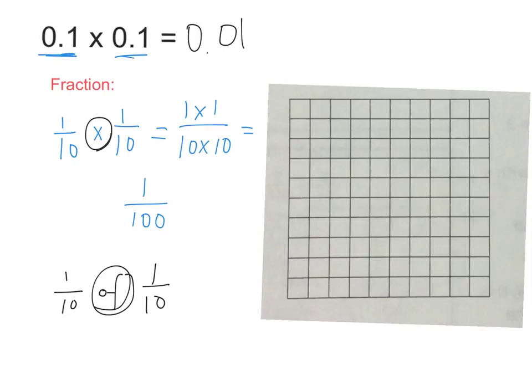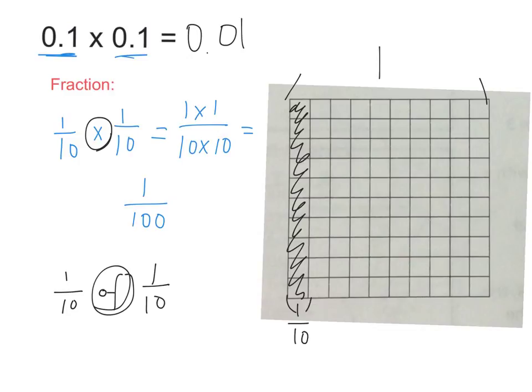Go ahead and draw yourself a square that's 10 squares by 10 squares. I'm going to label it as what? 1. This is just like the rectangular fraction models we did before. Now, do I have my whole 1 to begin with? No, I just have 1/10. So I'm going to color in 1/10, and I'm going to label it 1/10.